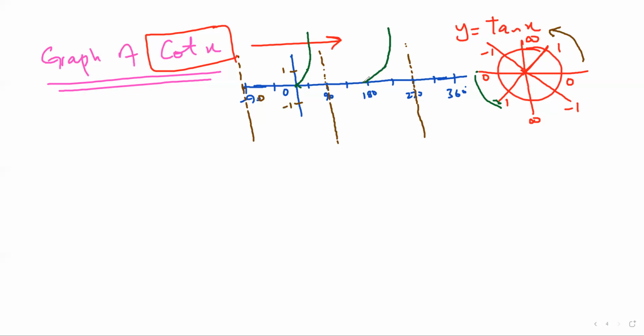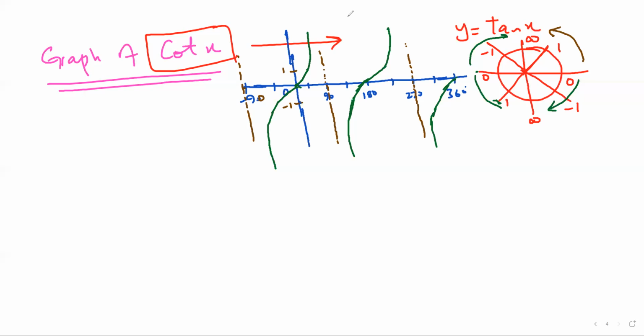And then for this part, it is again going from 0 to infinity, so I'll be drawing this from 0 to infinity here. And this is again from 0 to infinity. So if you keep that 0 to infinity, that is going to be a hint for you to draw these sketches. And this also goes from 0 to infinity. That is how you have the graph of the tan with you.